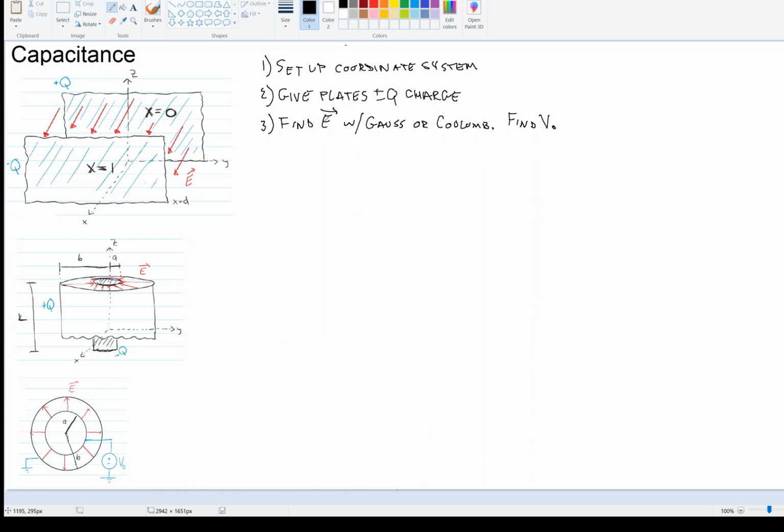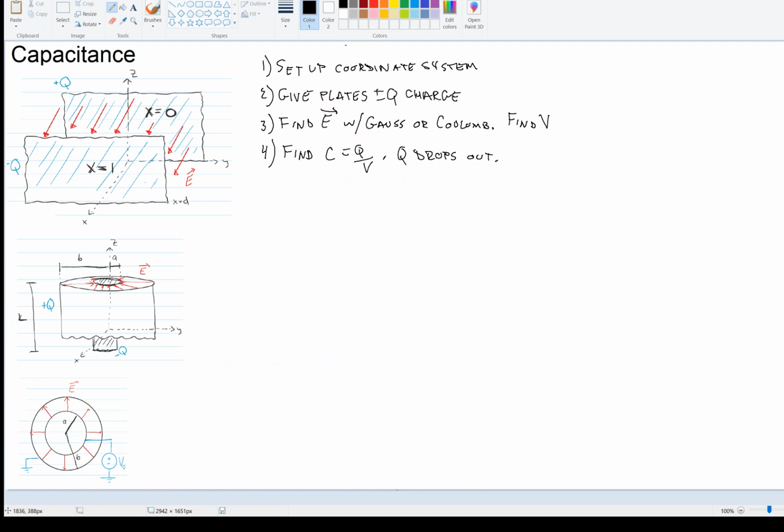And so then with the electric field, we can use that path integral and find the voltage. Step 4, then you just compute Q over V, and then Q drops out. Right? This is what we just did with the first example.